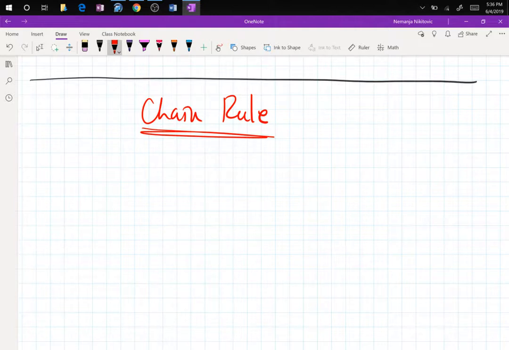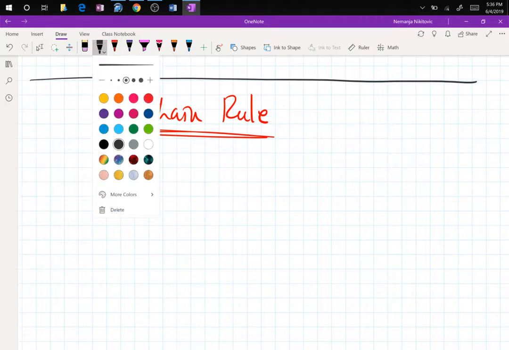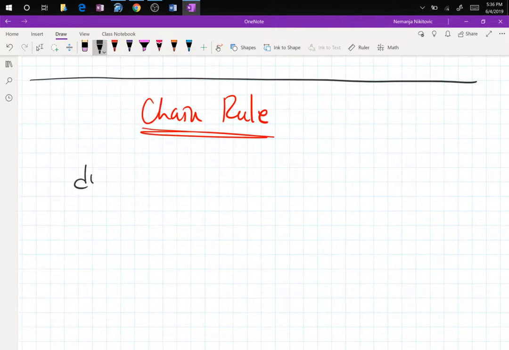So the chain rule is taking a rate and breaking that rate into multiple rates. For instance, if you have a rate dy/dx, that's the change of y with respect to x.